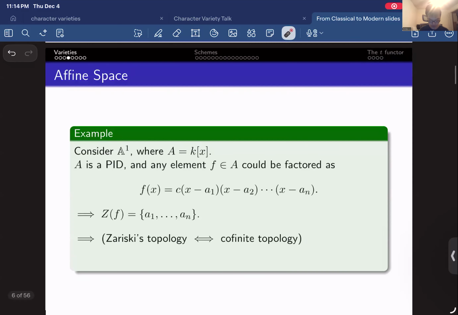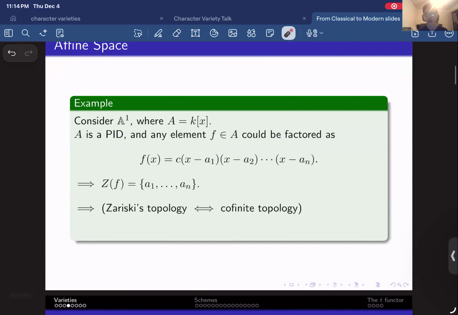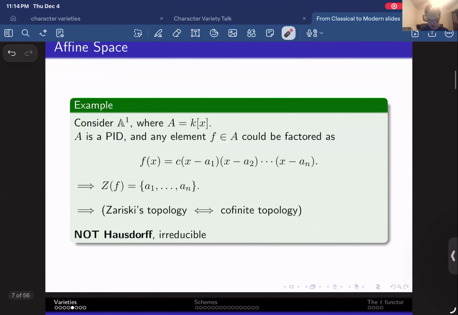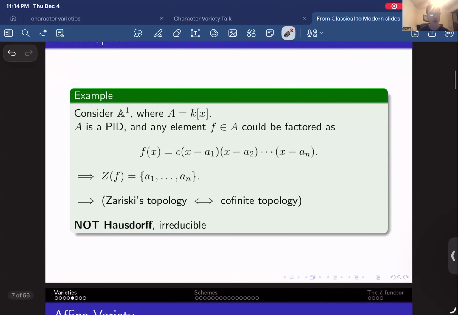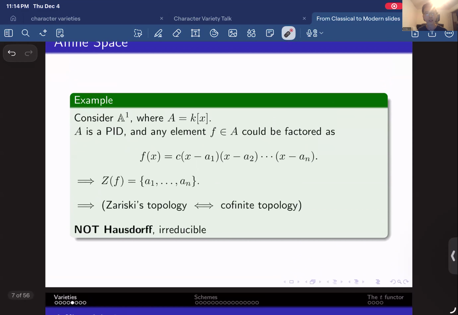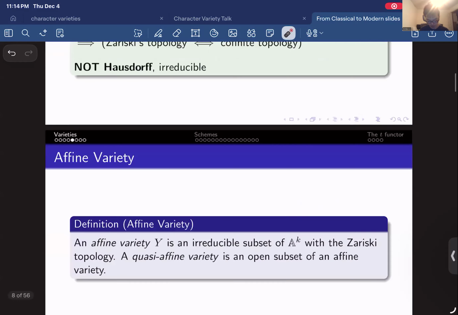In this case, the Zariski topology coincides with the cofinite topology, which people might have learned in a first course in topology, but they don't really know where to make sense of it. At least when I was taking my own topology course, this topology didn't make sense. In particular, this topology on the affine line is not Hausdorff, and the affine one-space is irreducible.